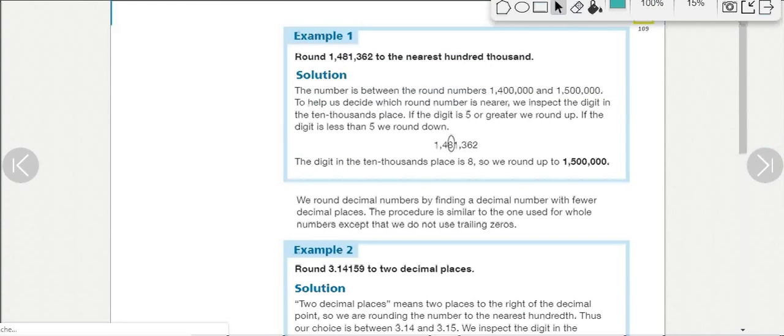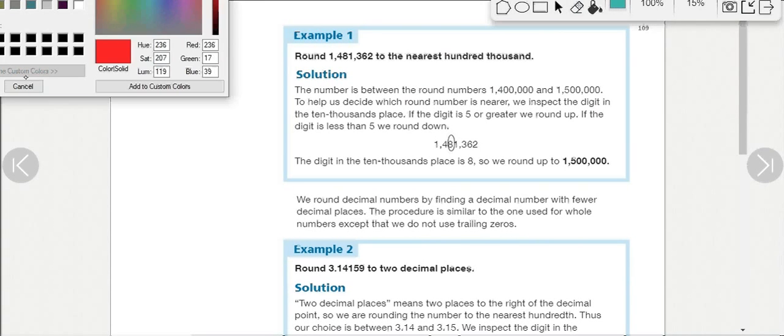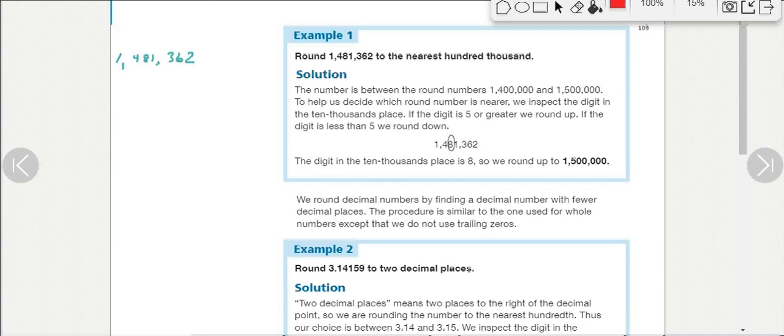So, how do we do this? Book does it slightly different from me. I see the number 1,481,362. They say round to the nearest 1,000. So I like to circle the number they just said, 1,000. Okay, then I like to underline the number that tells me what to do. 3 was on this side of the hill, if you remember.